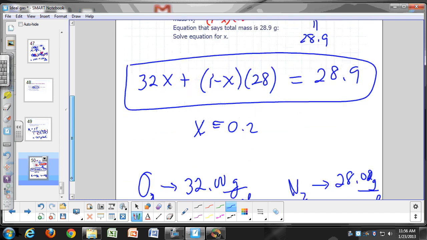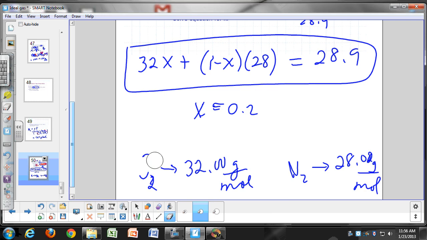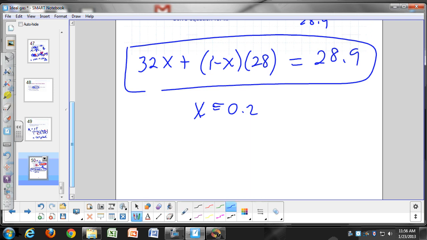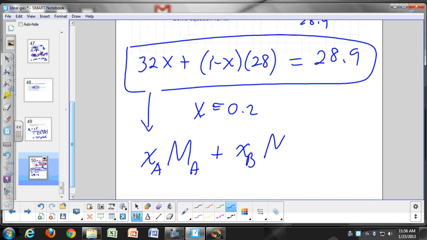In fact, this formula is not even specific for a gas. In general, you can say that because masses are conserved, right? So you can say mole fraction of component A times molar mass of component A plus mole fraction of component B times molar mass of component B. That's just the average molar mass. I'm going to put a bar on it to make it an average.